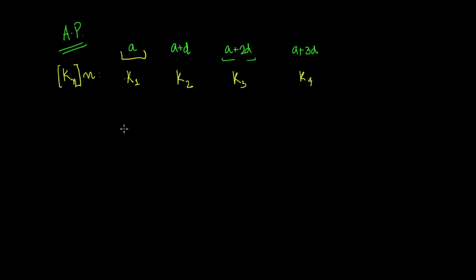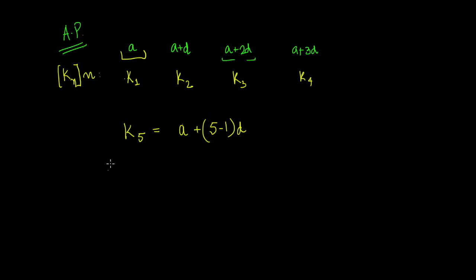If I ask you what is K sub 5, you see that if I need the 4th term, I have to add 3D. If I need the 3rd term, I need to add 2D to A. So what that tells me is that to get the 5th term, I need A plus (5 minus 1)D.